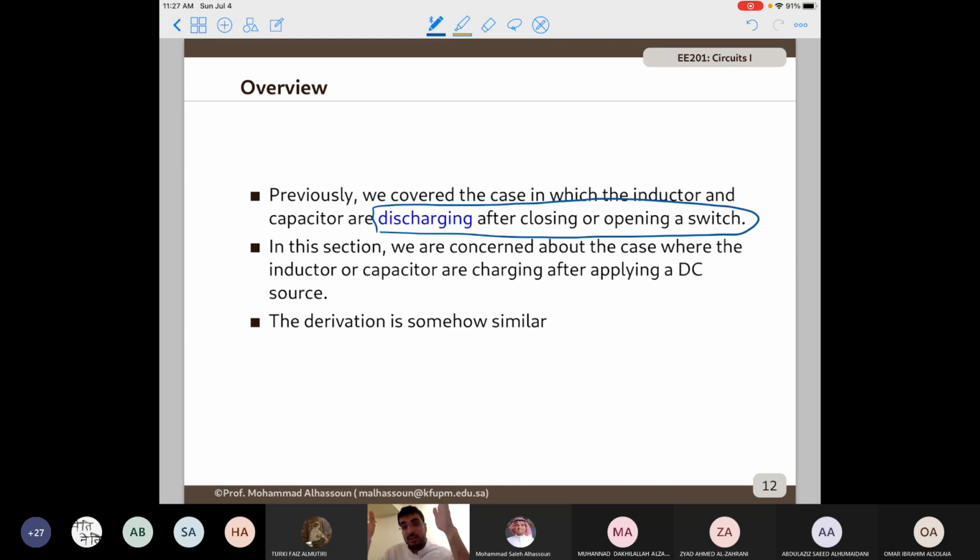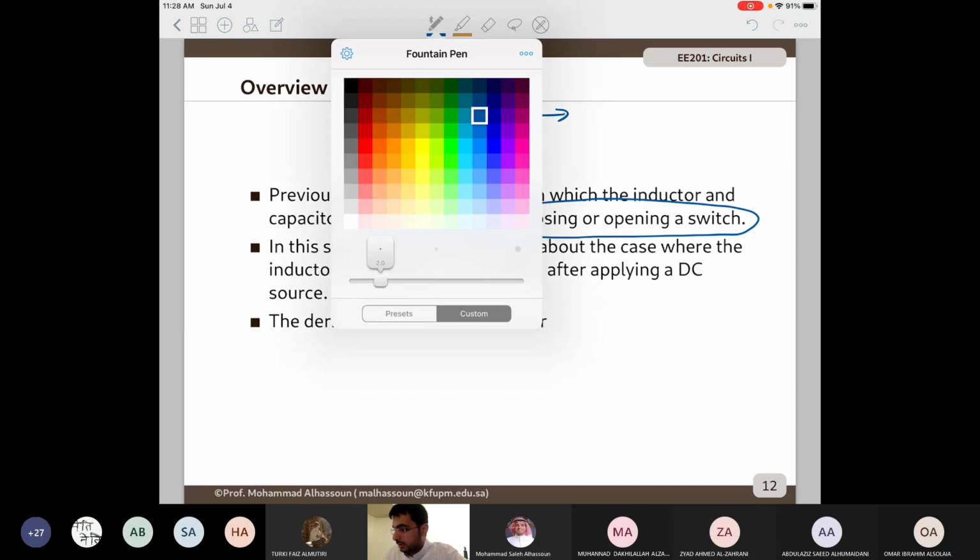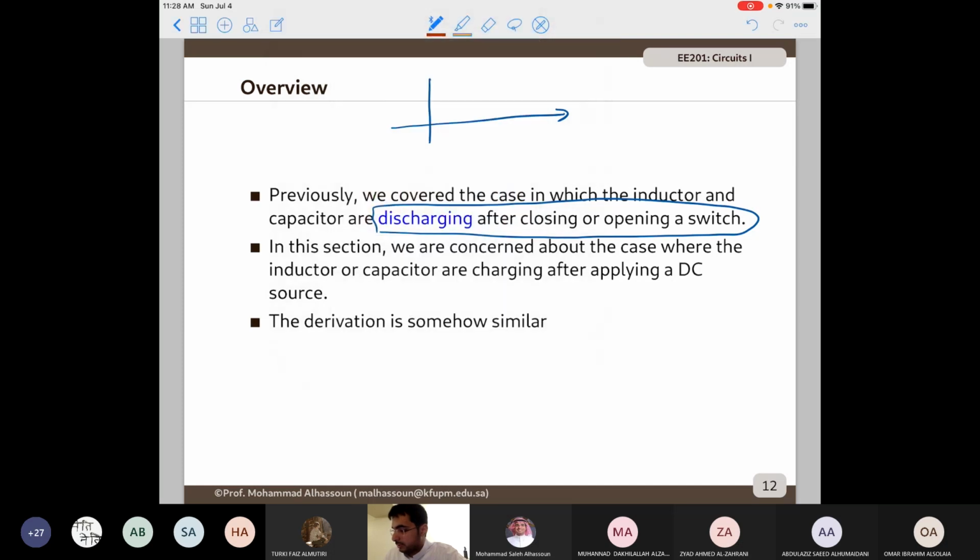The previous case is called the natural response. So the discharging response is the natural response. And this case is called the step response. Step response is when all of a sudden you apply a source. This comes from a well-known function called the step function, and it's something like this.